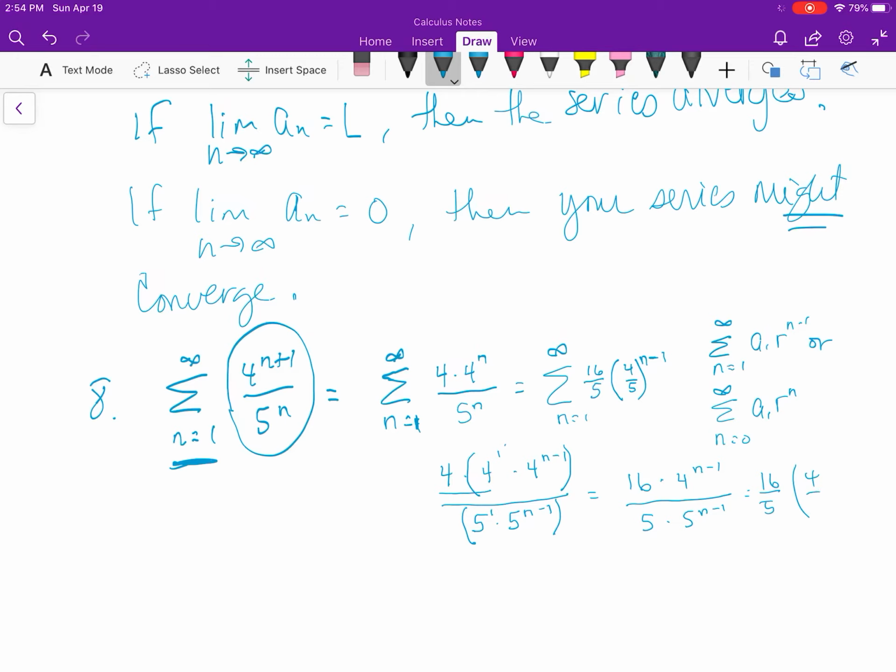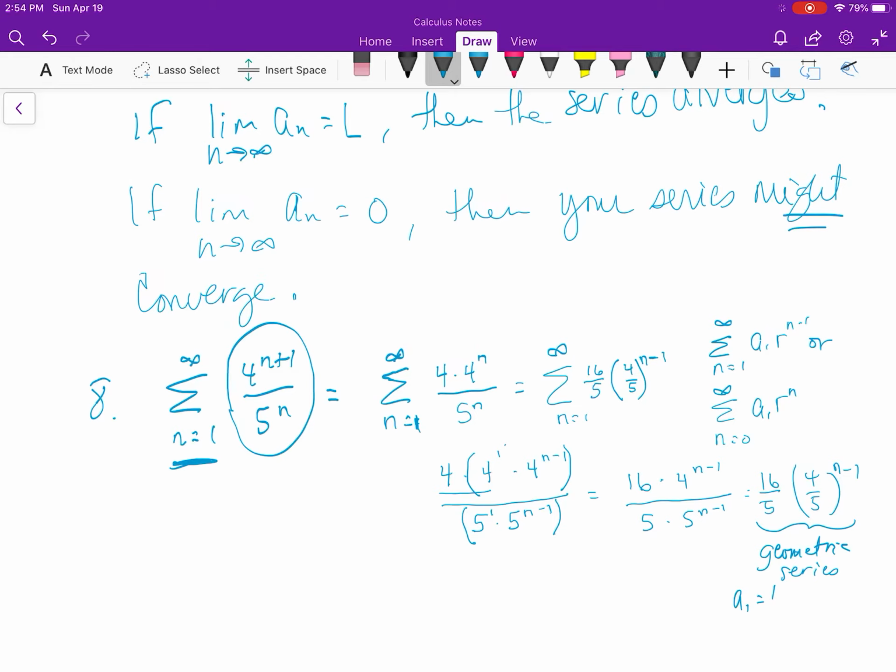So this becomes 16 times 4 to the n minus 1 over 5 times 5 to the n minus 1. That gives me 16/5 times 4/5 to the n minus 1.